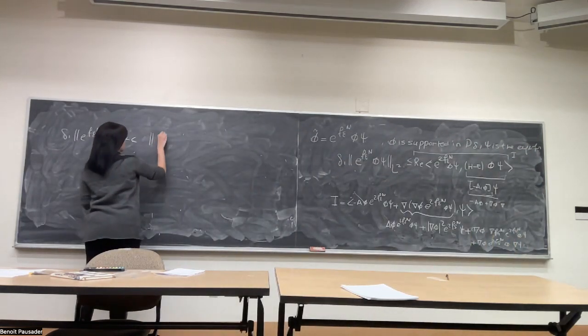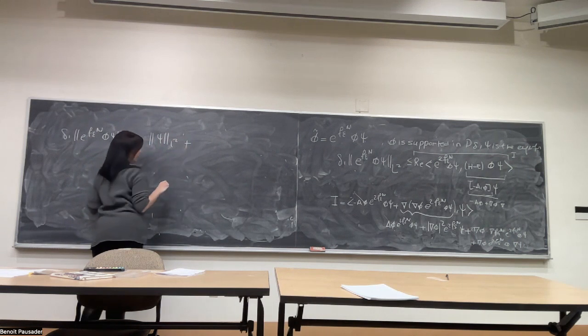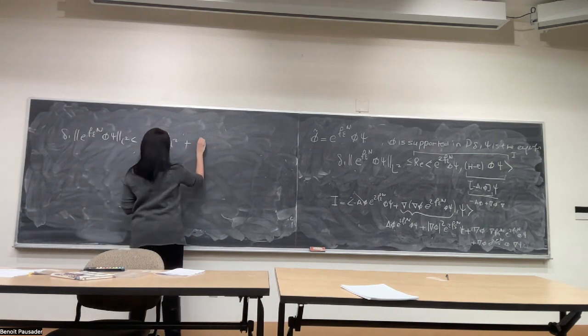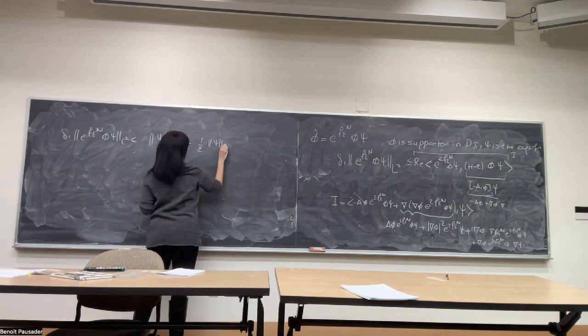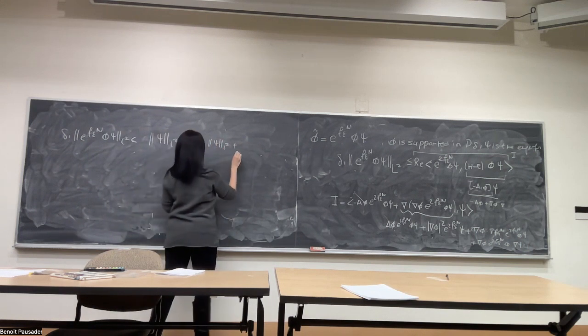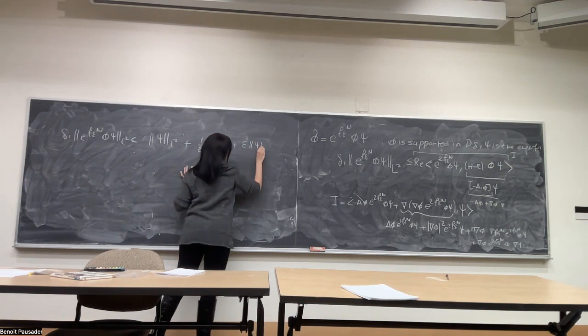We're gonna have some CL2, and then I will have, let's say, 1 over epsilon CL2 plus epsilon CL gradient.